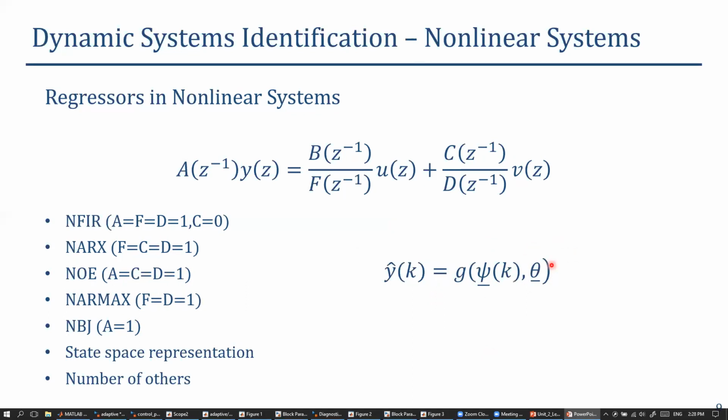For the nonlinear systems, we have some sort of a function which is a nonlinear function. It's not only multiplication, but it is a nonlinear function of the regressors and the theta, the parameters. Is this clear? Or are you confused?